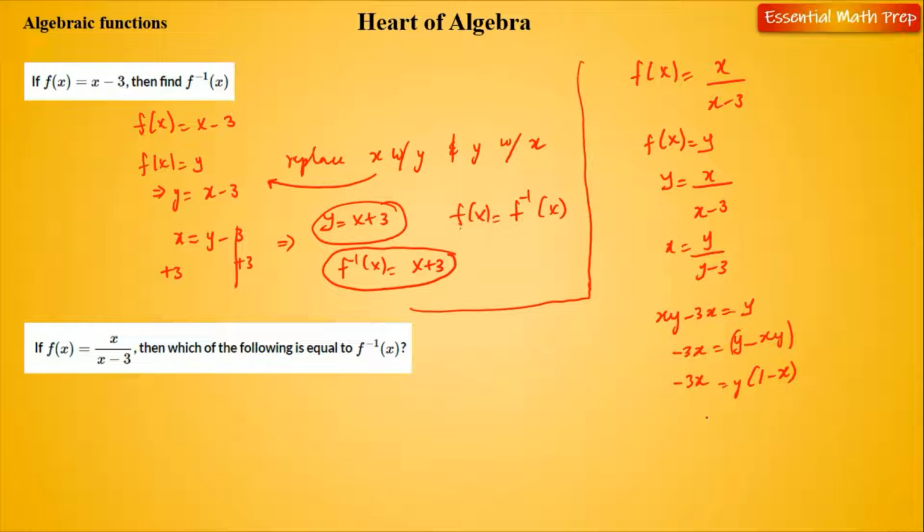So y equals -3x over 1 minus x, or we can write it as 3x over x minus 1, because there's a negative here, so we can multiply negative throughout. That means -x becomes plus x and 1 becomes -1. So f inverse of x equals 3x over x minus 1. Okay.